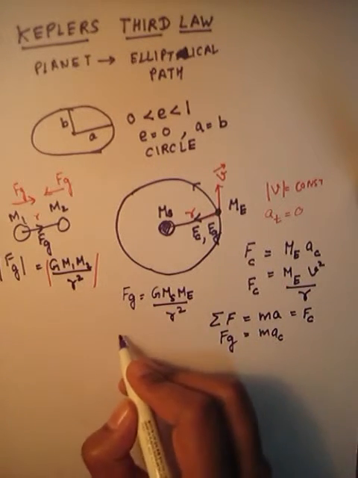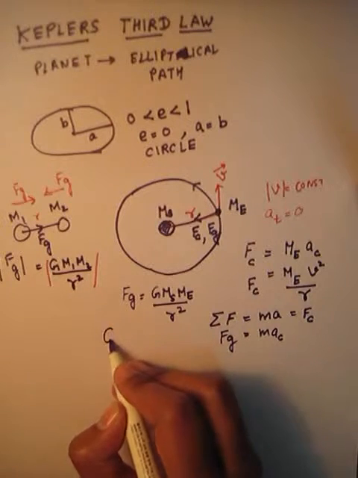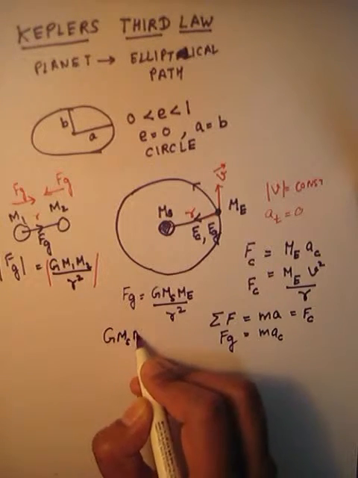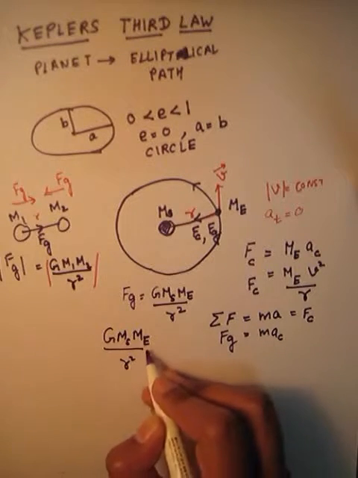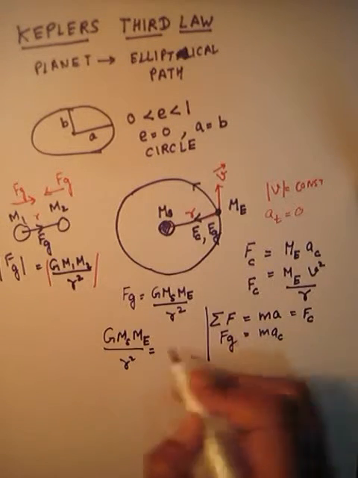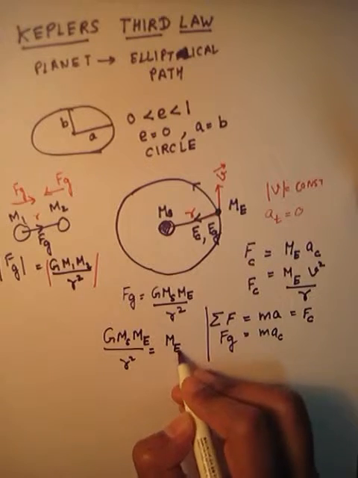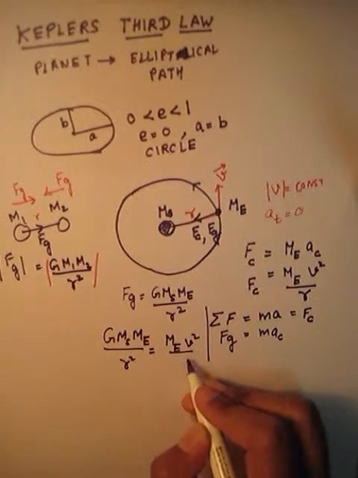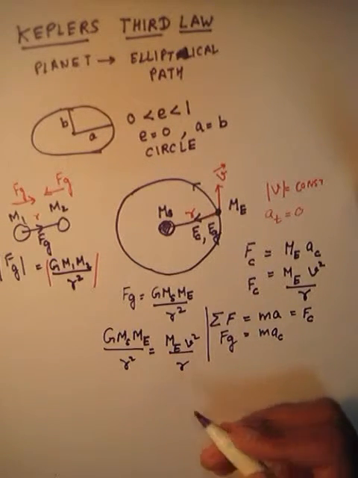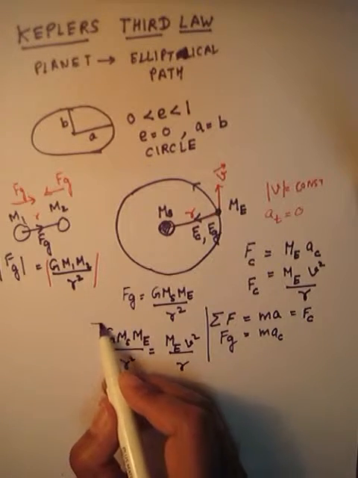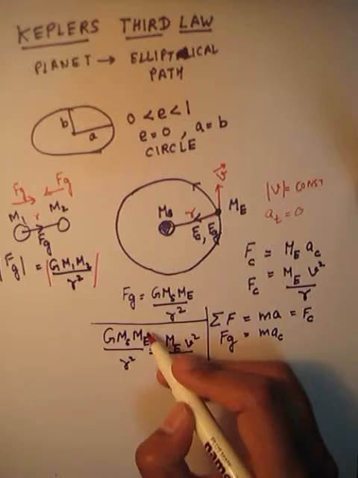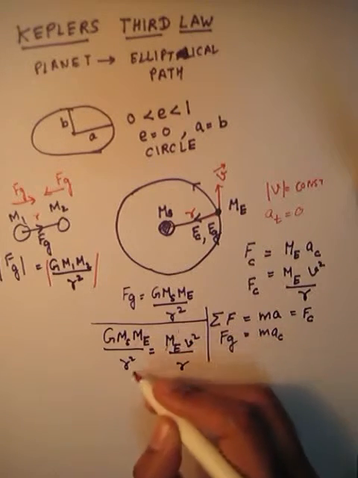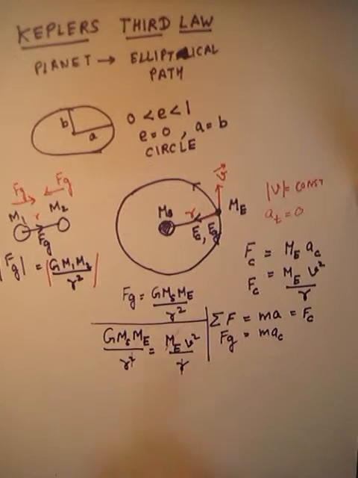What we get is G M_S M_E upon R squared will be equal to mass of Earth, V squared upon R. So M_E will cancel with M_E, R will cancel with R.